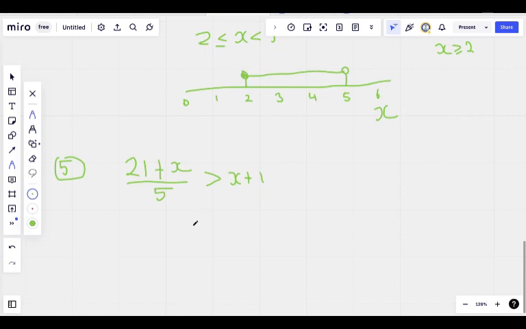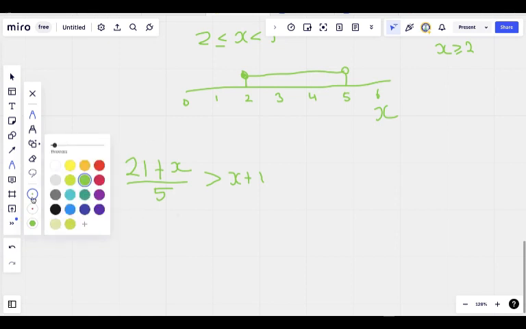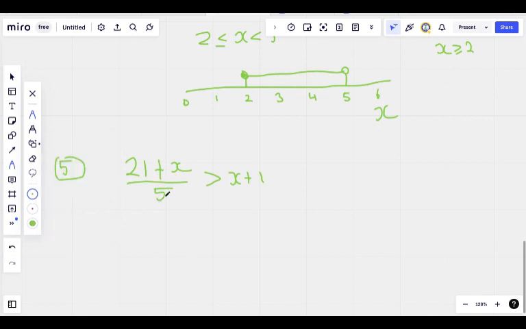Okay, this is another inequality. Since this one is in fraction, what we can easily do is to eliminate this 5 in the denominator. To do that, I can multiply the left side with 5, and also multiply the right side with 5.